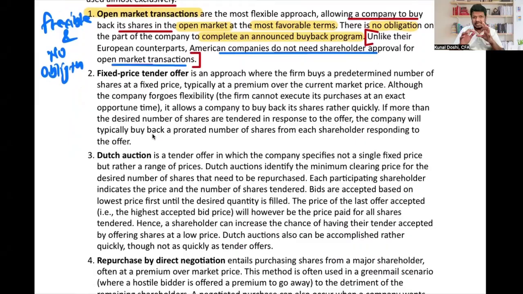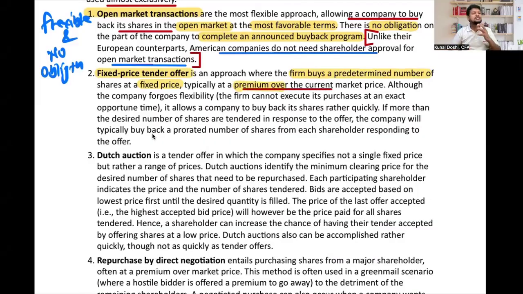But generally, what I have myself experienced is not an open market transaction, but a fixed price tender offer. So the buyback is announced at a fixed price. The firm buys a predetermined number of shares at a fixed price, which is generally at a premium over the current market price.